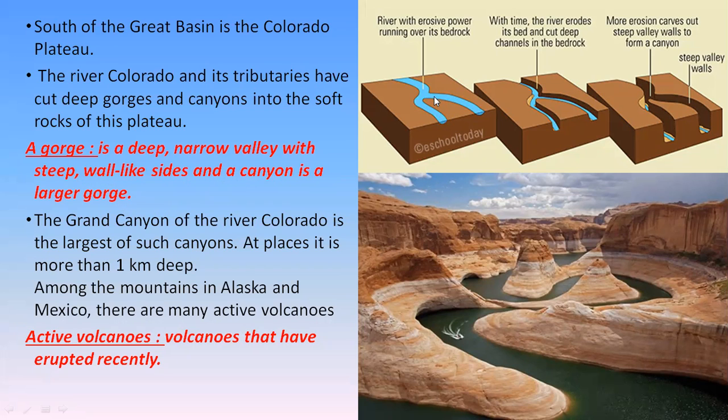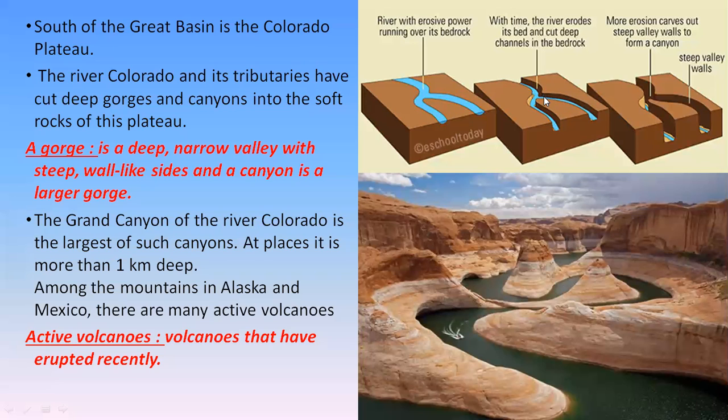Here you can see how a gorge forms in a river. Normally in an area with very soft rock or soft surface, water will flow normally as a river. It will carry the soft soil or topsoil along with the water, and slowly it will make a small cut.